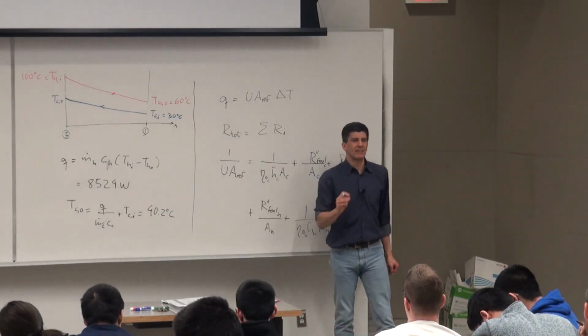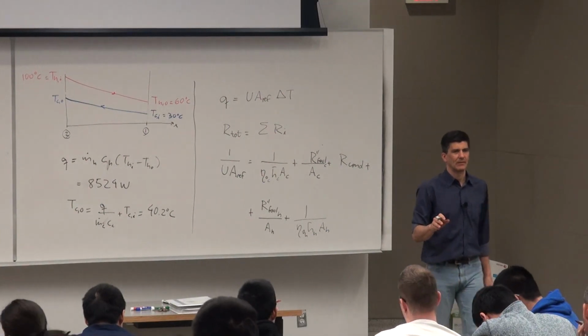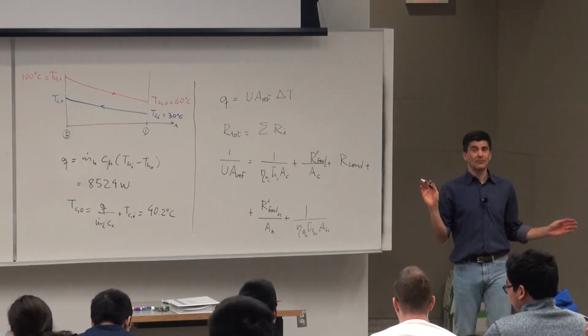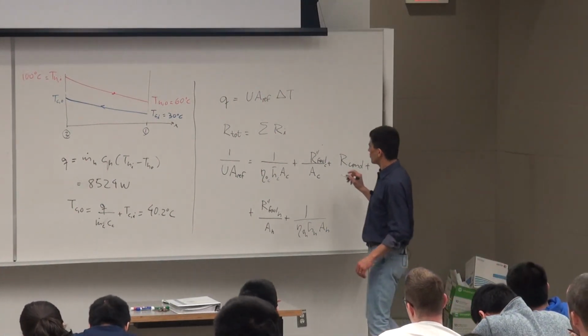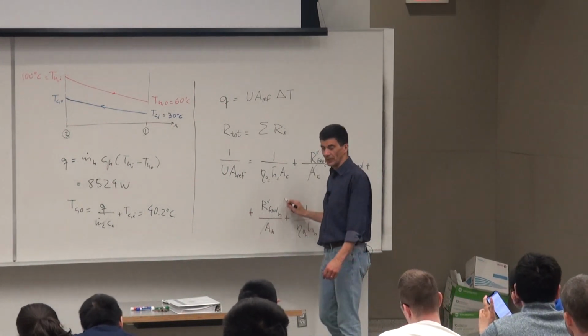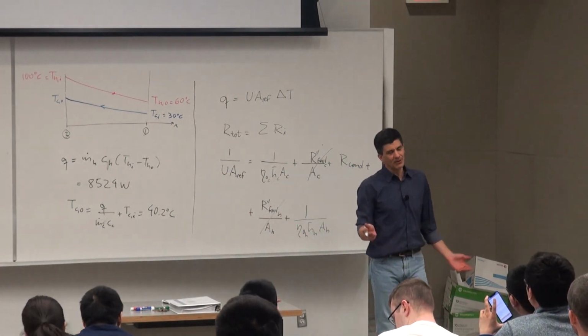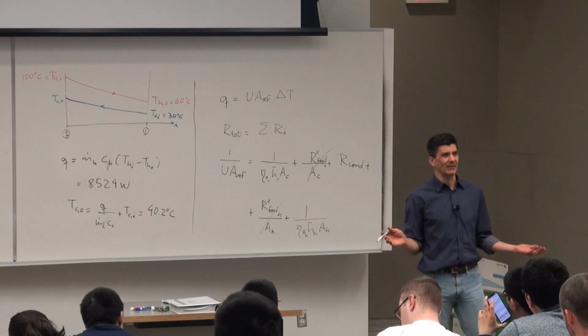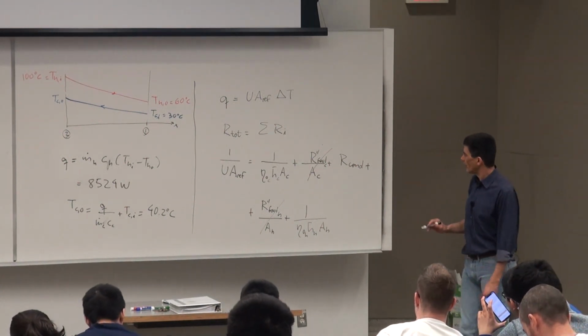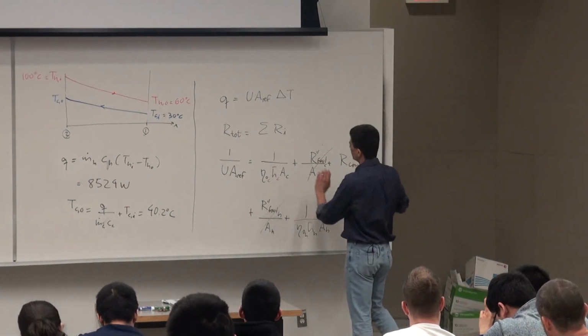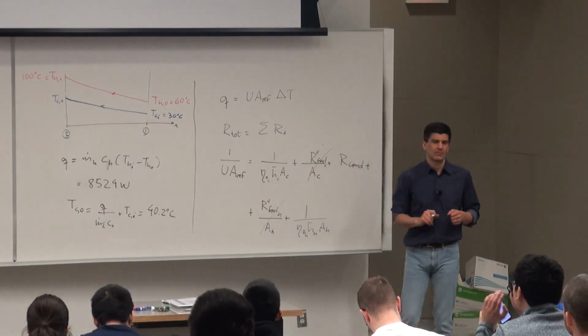Does the problem statement say anything about fouling? Okay, if nobody tells you about fouling, I suggest you say, okay, I claim there is no fouling. If somebody tells you about fouling, you better do it with fouling, right? But so now we went from 5 terms to 3 terms.